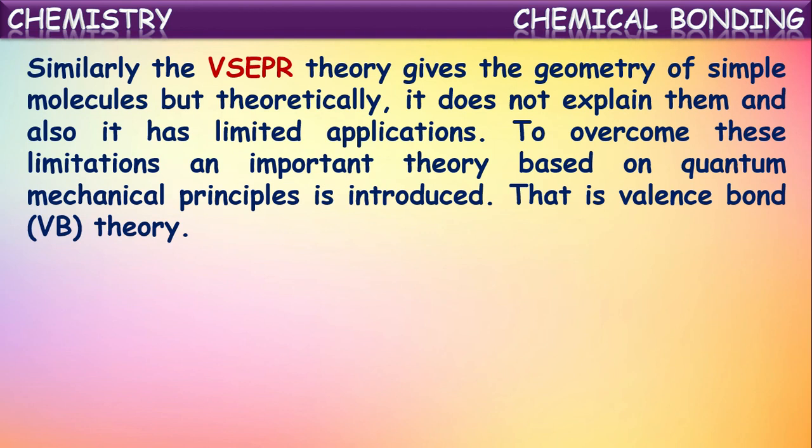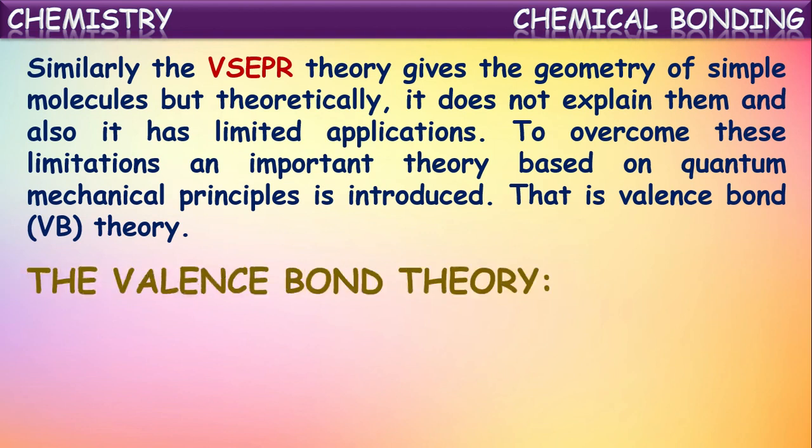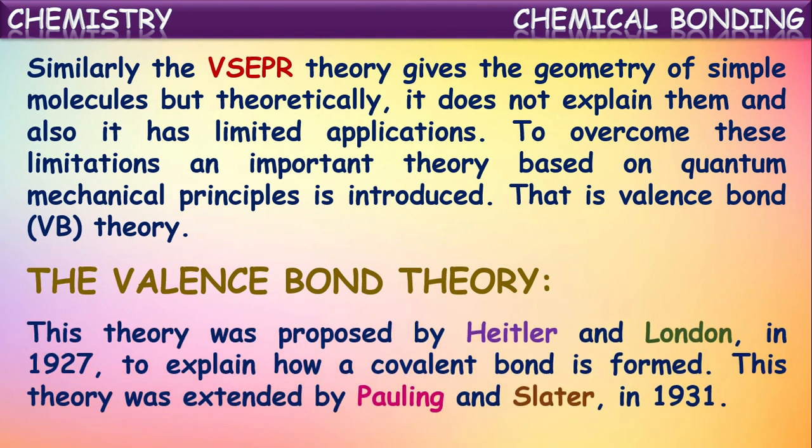So to overcome these limitations, an important theory based on quantum mechanical principles is introduced. That is valence bond theory. This theory was proposed by Heitler and London in 1927 to explain how a covalent bond is formed.